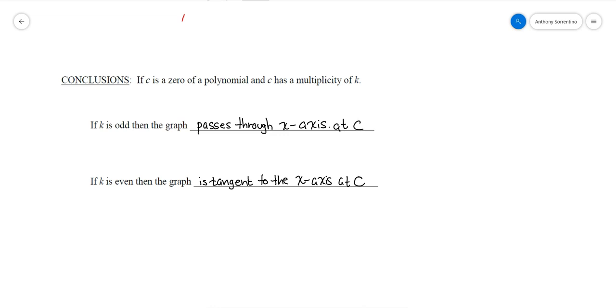And tangent, again, simply means touch but not pass through. So that's how you can determine the multiplicity and determine whether or not a particular zero may count more than once.